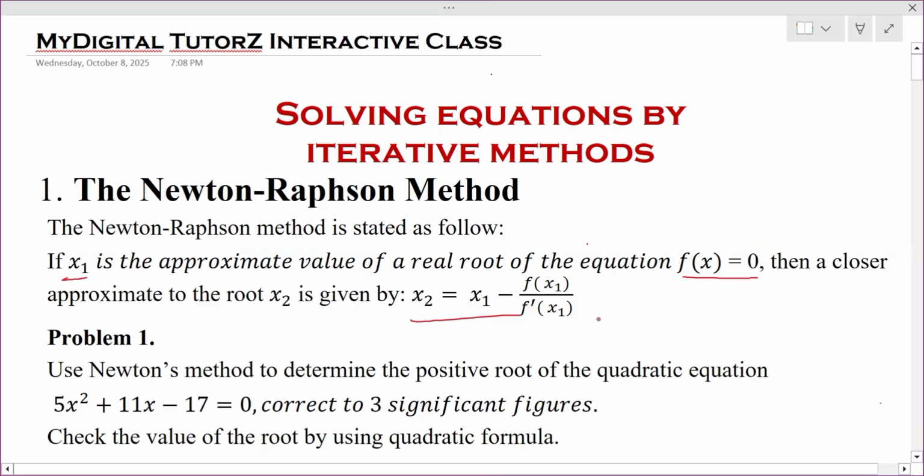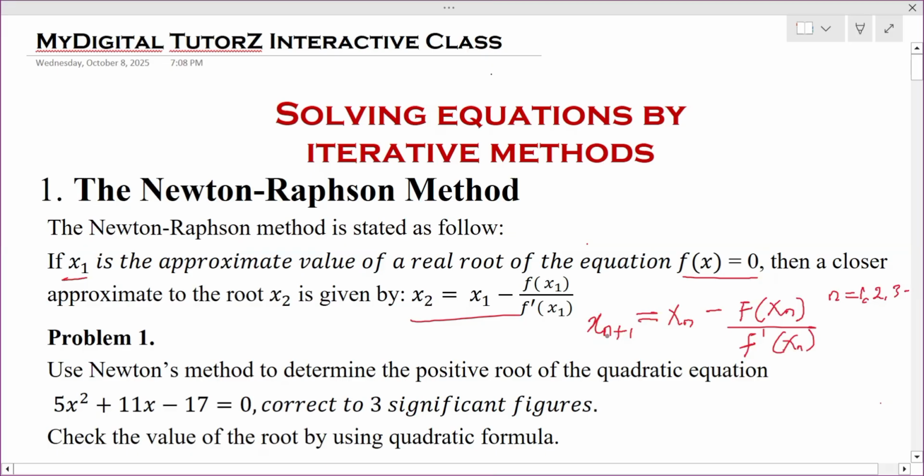So the equation actually looks like x n plus 1 equal to xn minus f of xn all over f prime of xn, where n here is a real number 1, 2, 3, and so on.